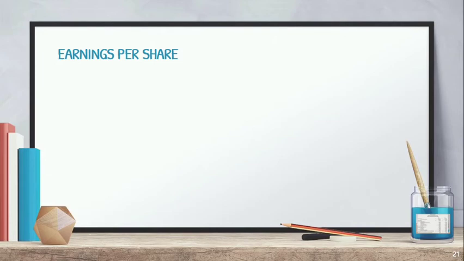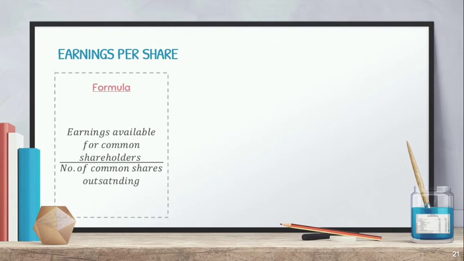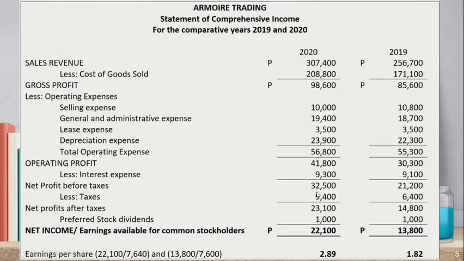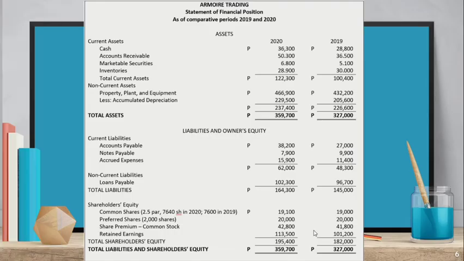It measures the ability to generate income for every share outstanding. So ang atong formula is earnings available for common shareholders divided by the number of common shares outstanding. So we have our earnings available for common stockholders, 22,100.